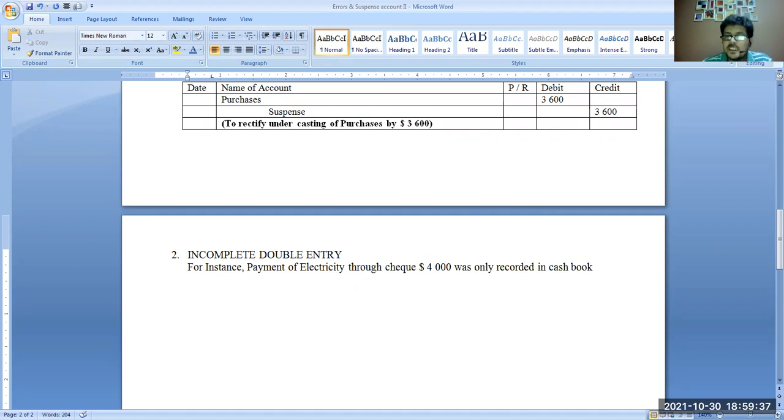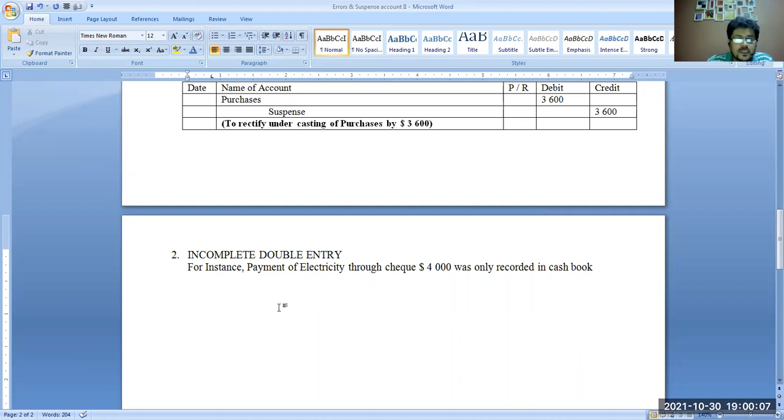It means when we pay electricity, expense is going to be debited and bank is going to be credited in the cash book. This must be the entry. But the error made by the accountant is that he has credited the bank column in the cash book with $4,000, paying through bank, but he forgot to debit electricity. Getting my point clear?